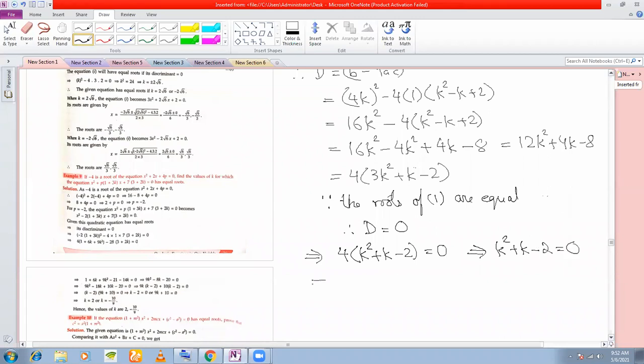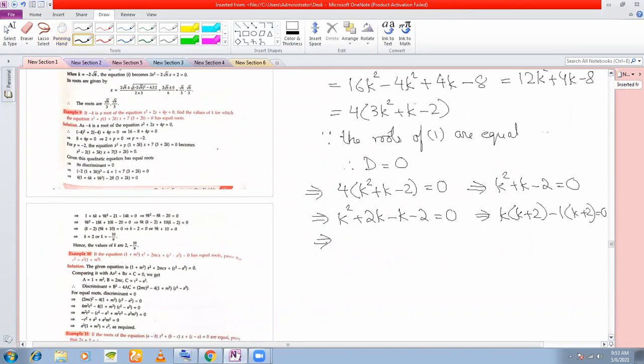Now you can solve this by factorization, I think. k square plus 2k minus k minus 2. That means you get k plus 2 minus 1 into k plus 2 equal to 0. That means you are getting k plus 2 into k minus 1.